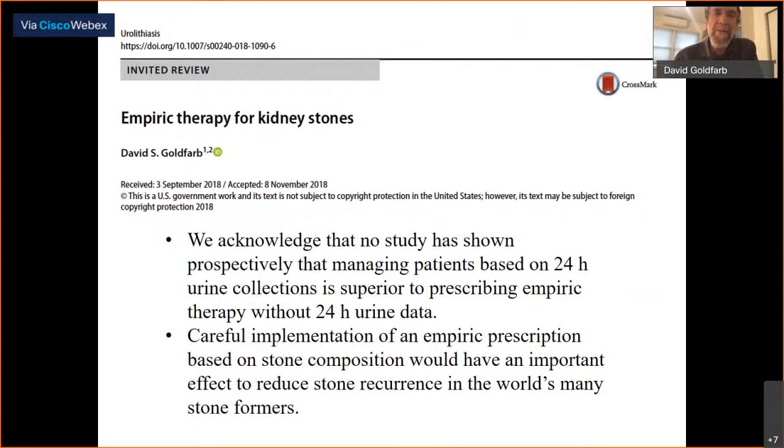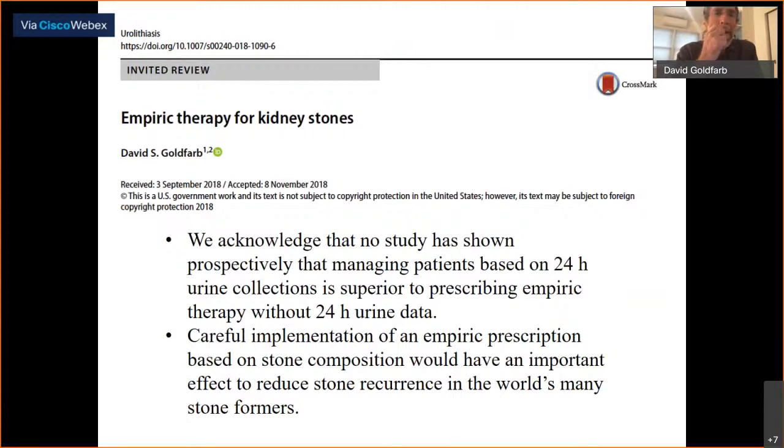Many of you have heard of it as New York's biggest, most famous, and large public city hospital. As a result of writing that paper with Marshall Stoller and Ryan C., and my visit to India, where 24-hour urine collections were not being done at that time, I was asked to write a paper about empiric therapy.